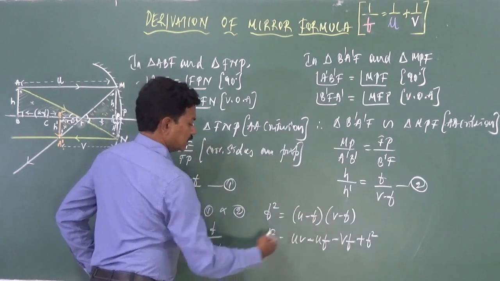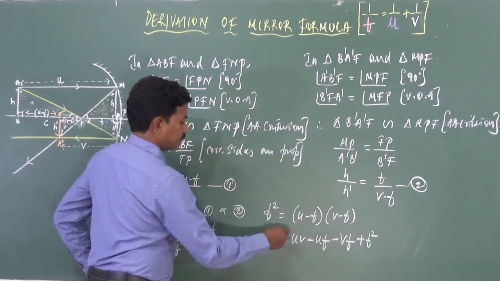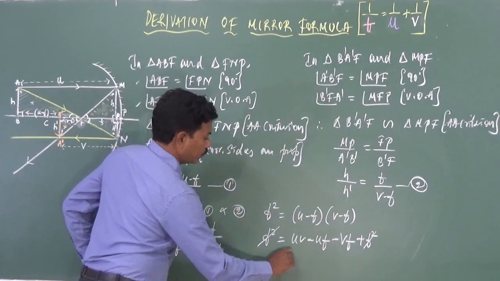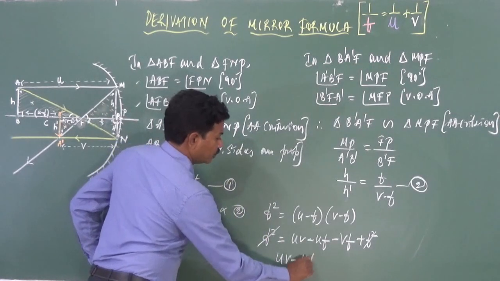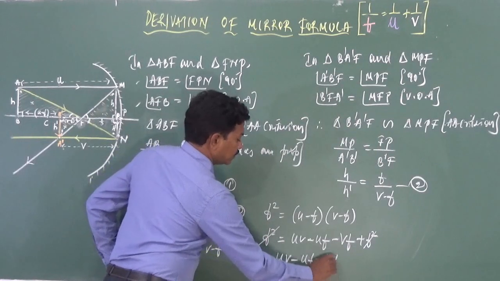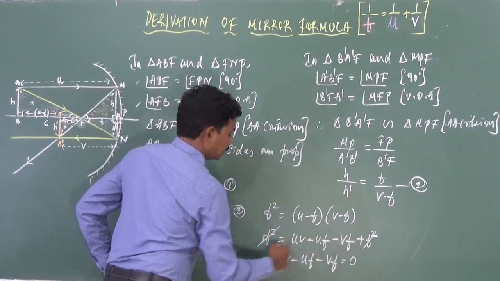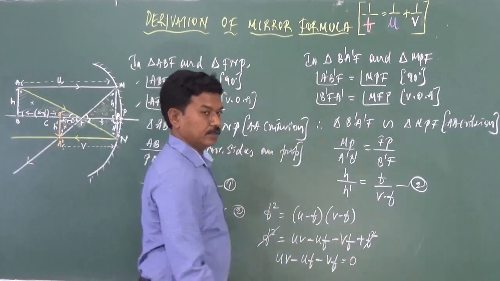So here on both the sides we have F square, so we can cancel this. So remaining is UV minus UF minus VF is equal to 0.